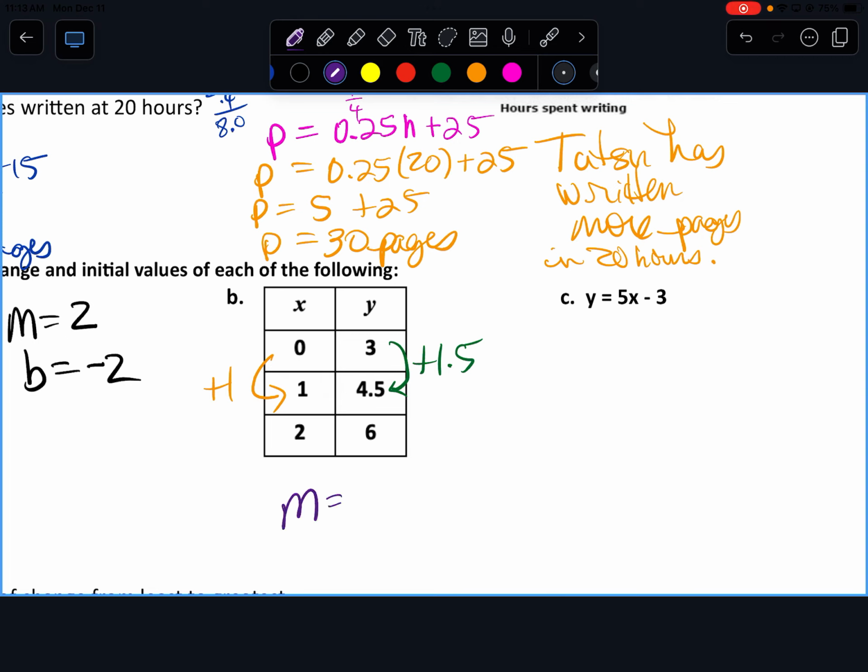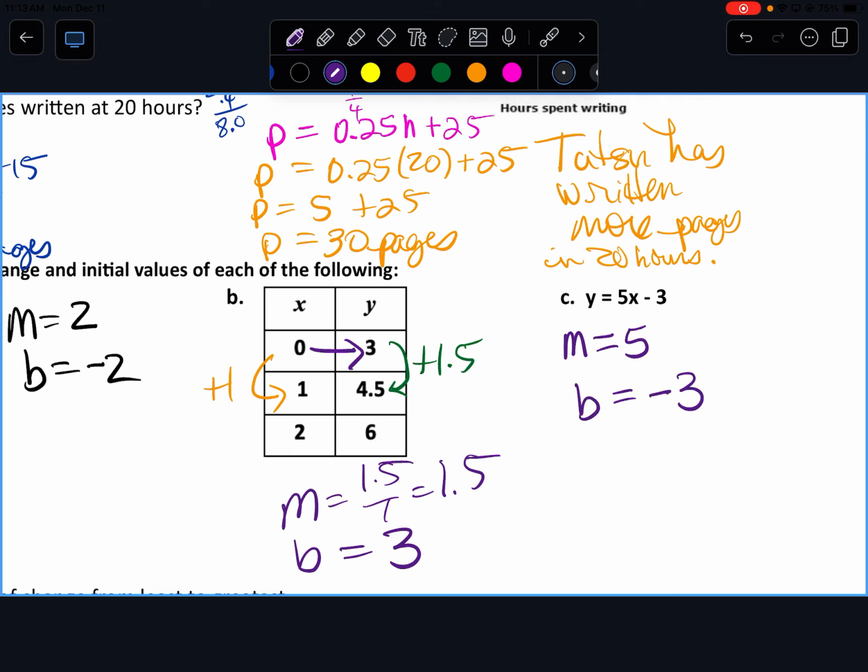So my slope on this is 1.5 over 1, which is 1.5. My b value, when x is 0, is 3. On here, the slope is in front of the variable x, so that's 5. B is the number that stands alone, -3.